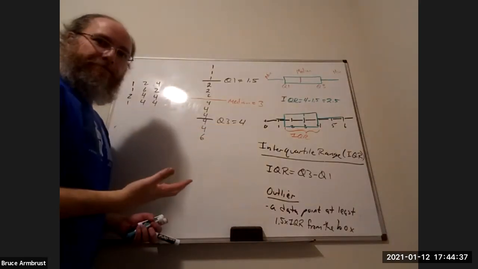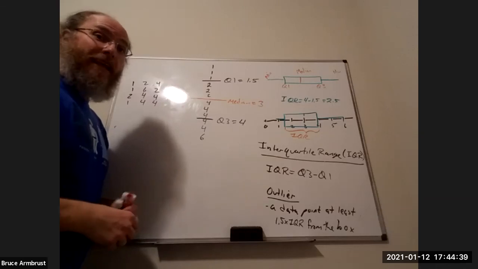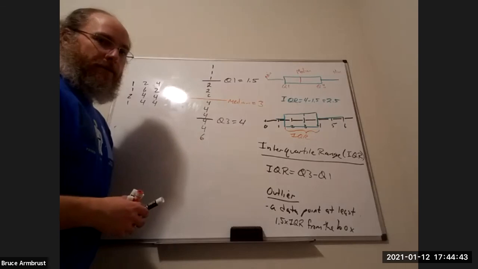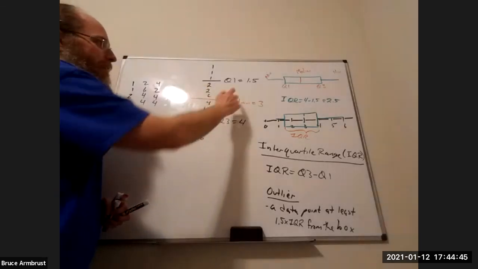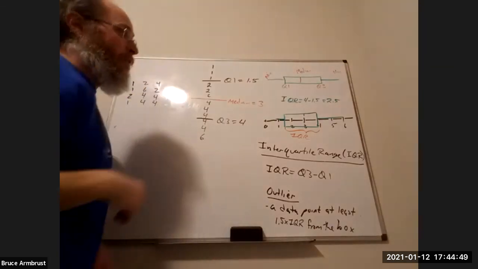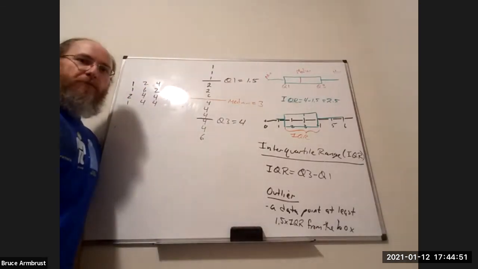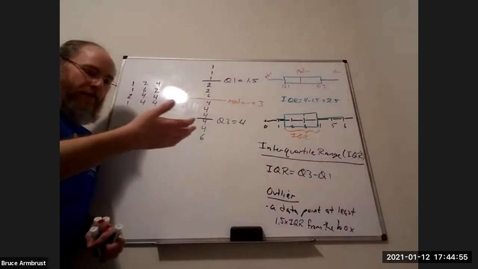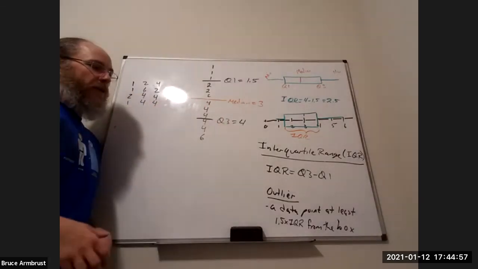So like 8. If we had somebody say they have 8 siblings, that would be technically an outlier. On the other side, it's never going to happen because from 1.5, we're not going to be able to go far enough away. But it's possible that depending on the data set and what numbers we're calculating, you might be able to go that far in the other direction as well.